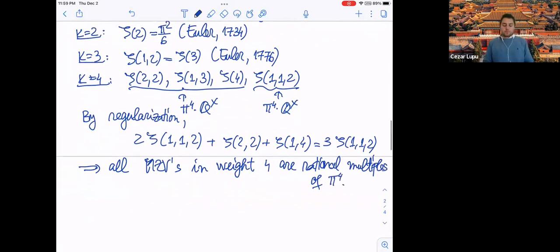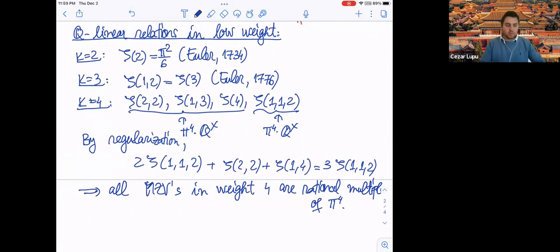All right. So the situation is pretty much known. But the question is, what happens in weight 5? You'll see in weight 5 the situation gets a little bit complicated. In fact, much more complicated than you can imagine.